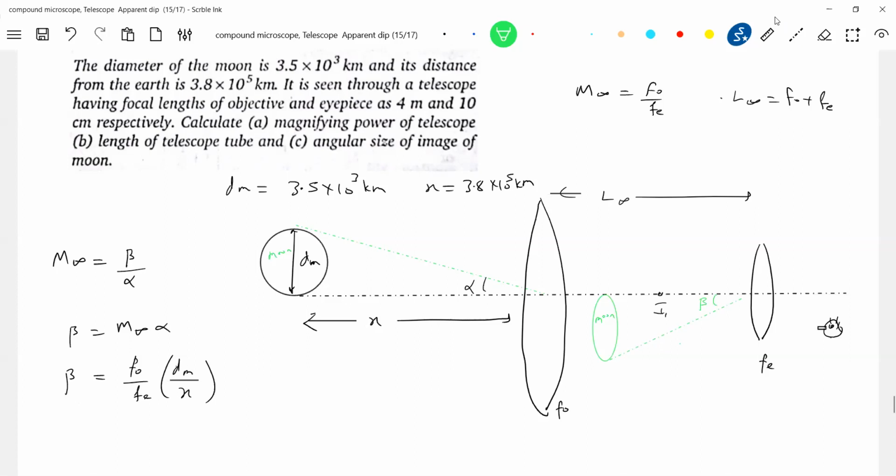Actually, it should have been M25. If it were M25, I would have given the diameter also. Then L25 would be this one, where the image is formed at 25 centimeter, and then you know beta and can get the diameter.